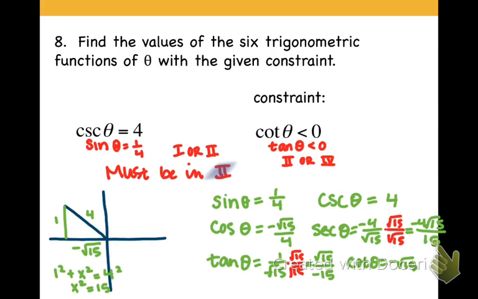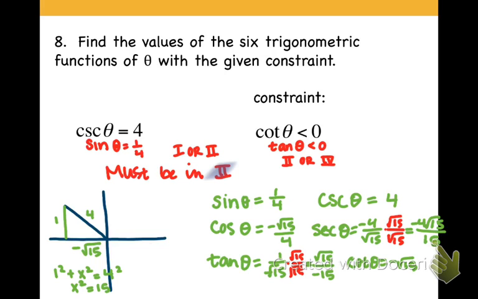All right, here, if sine is positive, that's either going to be the first or second quadrant. But if cotangent is negative, that means tangent is negative, and that's going to occur in the second and fourth quadrant. So that means I have to be in the second quadrant. So drawing in my triangle again, I don't know if I'm closer to the x or the y-axis, so it doesn't really matter.